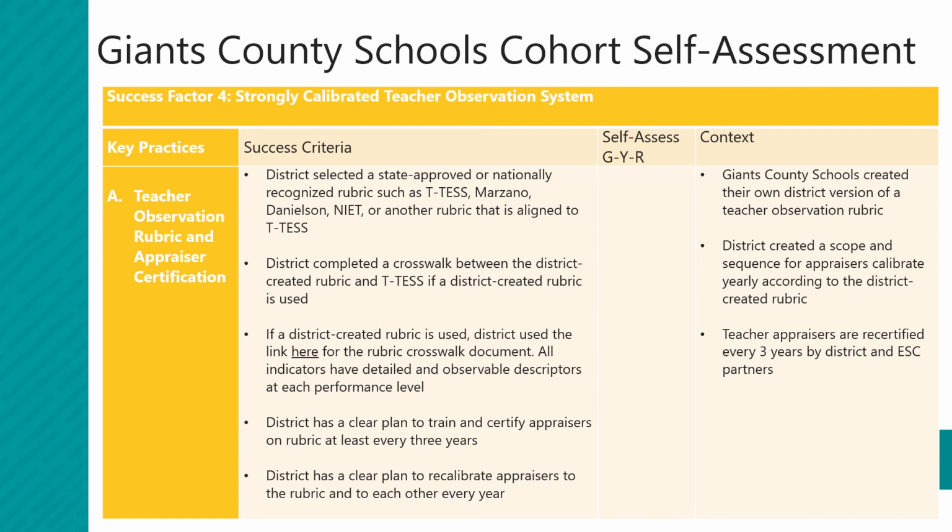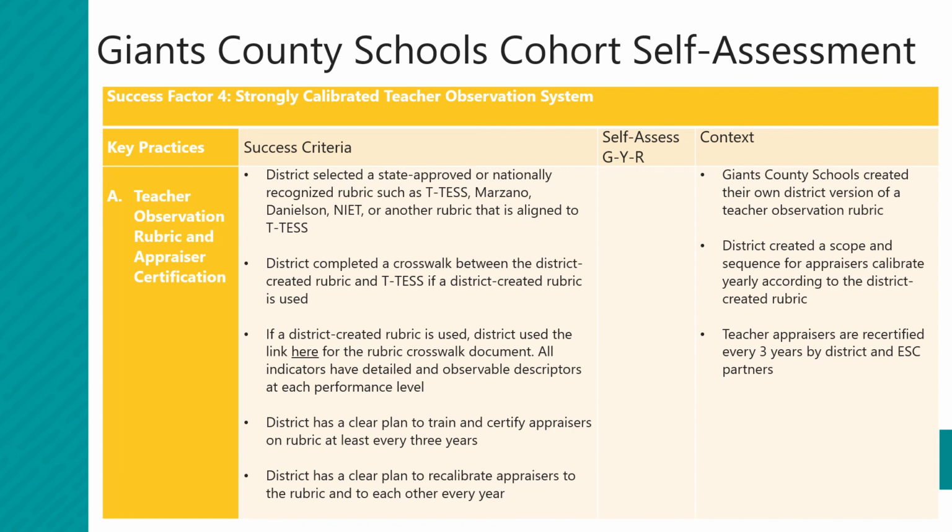The success criteria for certifying appraisers is every 3 years, and the success criteria for calibrating is every year. And that does match the success criteria and the context. So that's green.